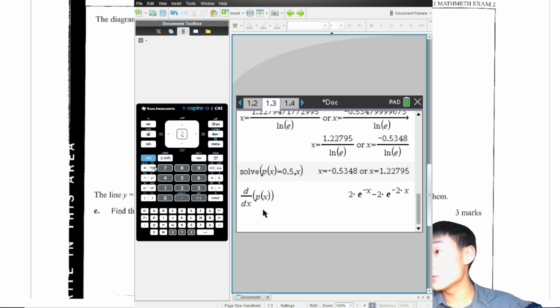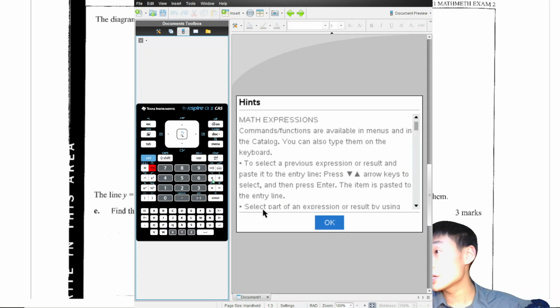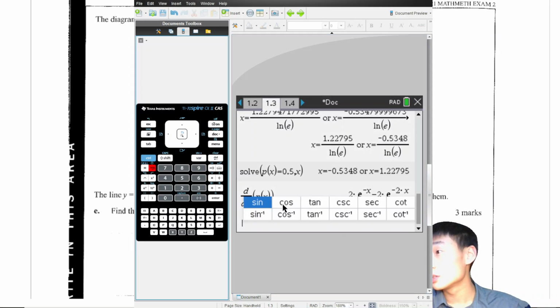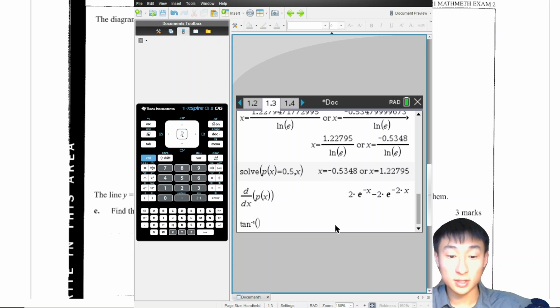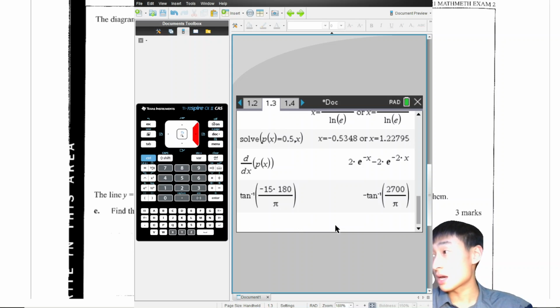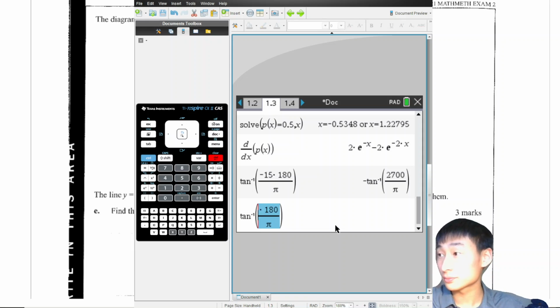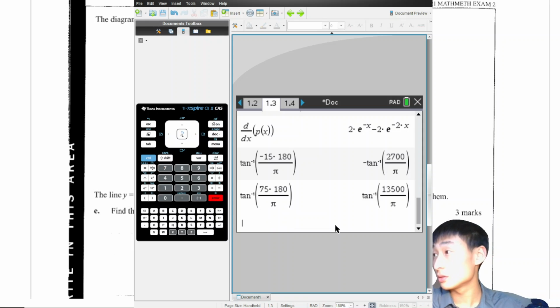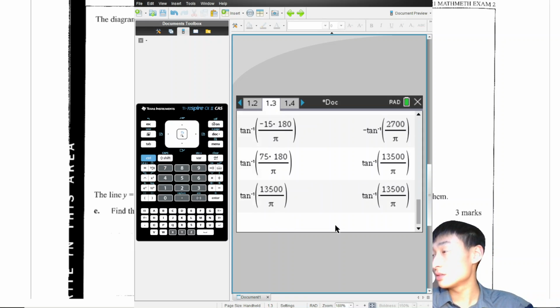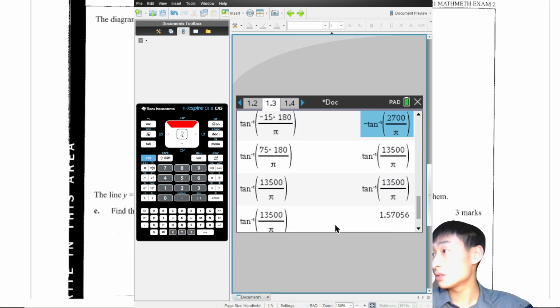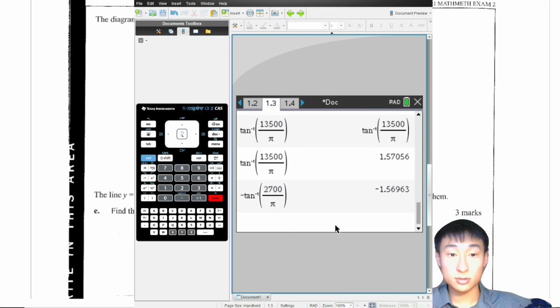Inverse tan, was it inverse control trig? Tan inverse 15, minus 15, I bet in radians, so you have to do 180 over pi. And 75. Okay, so we get our two gradients here.